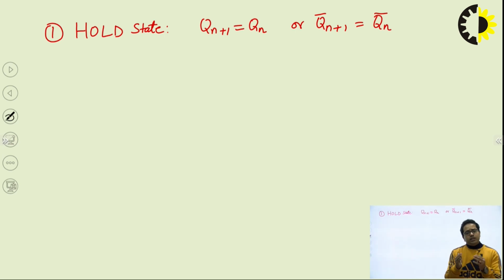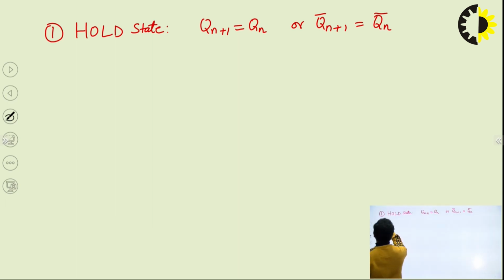It means that the latch is holding the past value of the output even at present time.